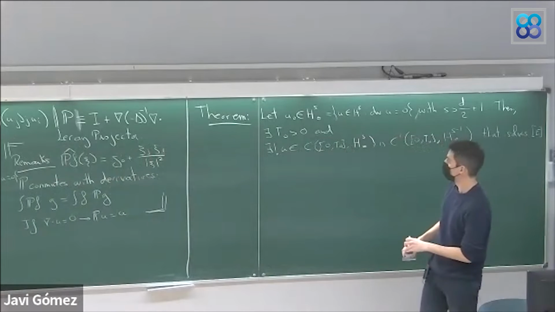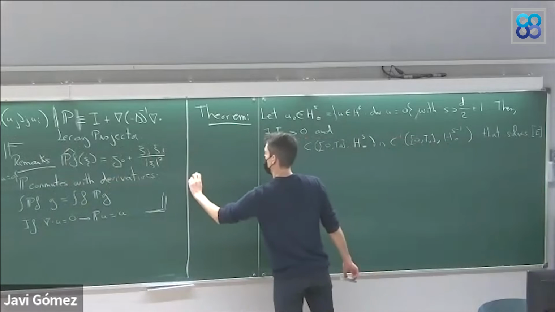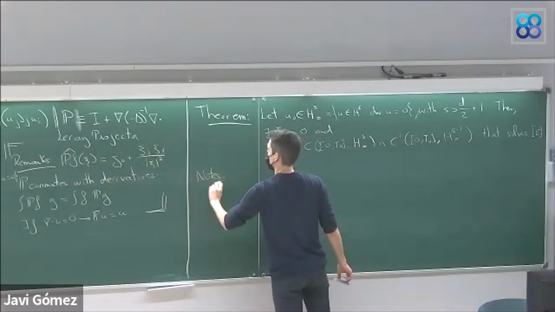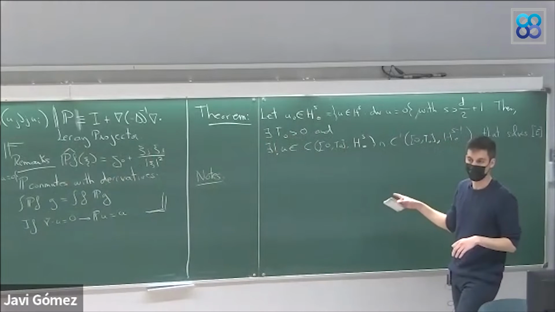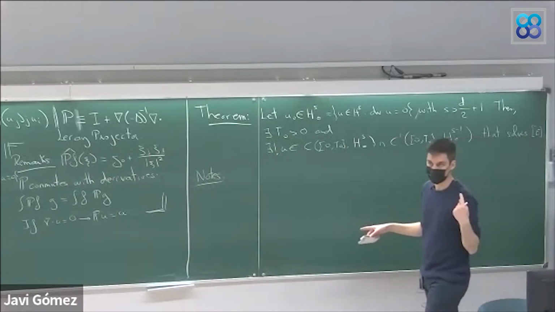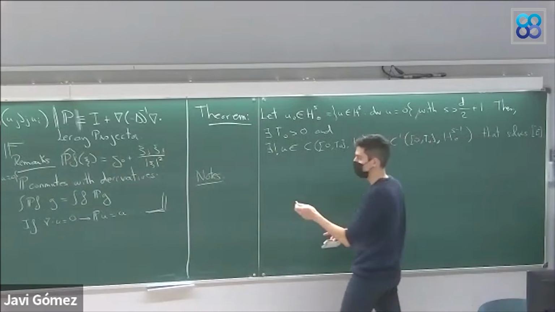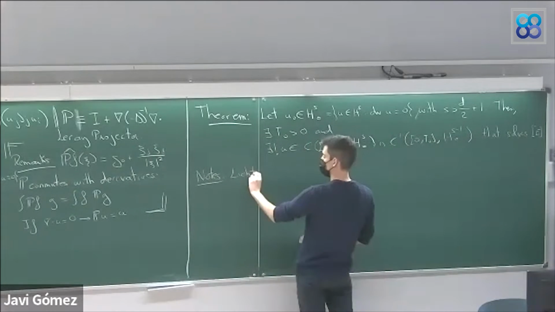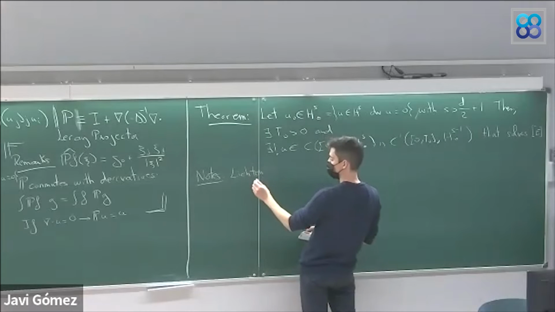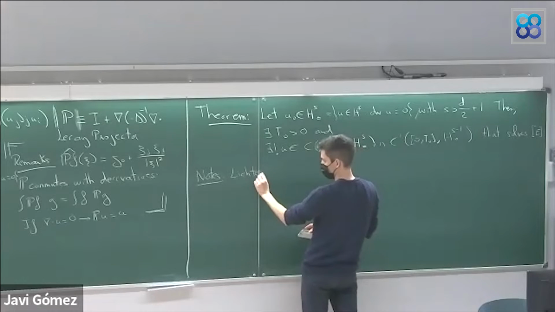Before going to the proof, let me mention that this theorem is very standard. The first proof dates back to 1925 by, I don't know how to write this, something like Lichtenstein.